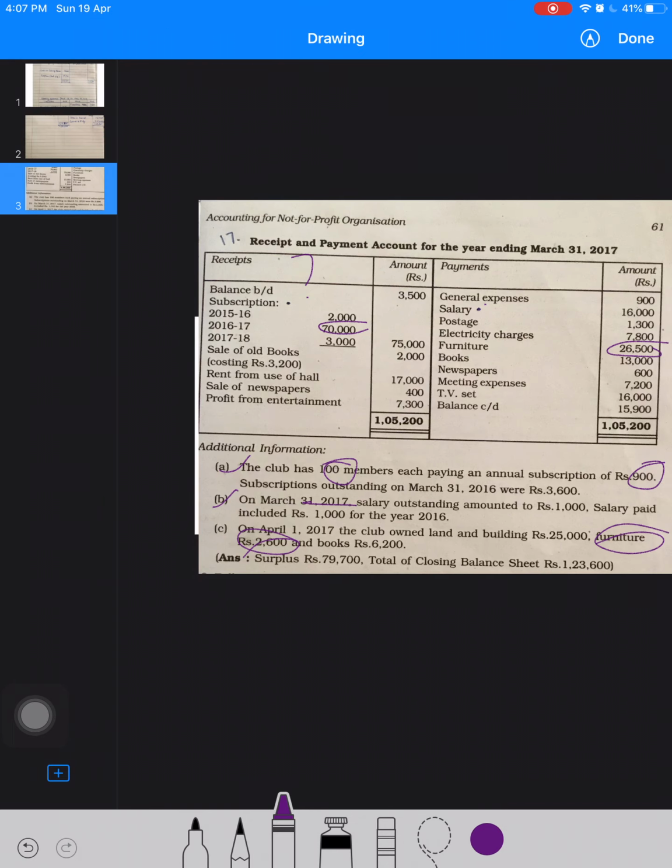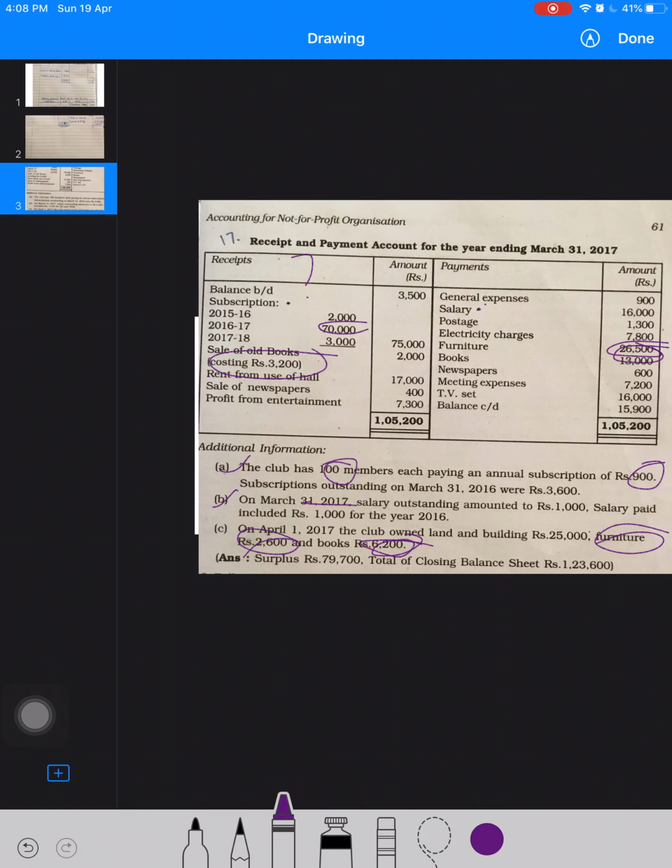Now next, books are also our assets. This year we have purchased 13,000 of books. Just see whether last year any stock was there. Yes, we can see here 6,200 of last year, so this 6,200 will go in opening balance sheet, and in closing balance sheet plus the purchases. Just have a look in the receipt side whether any book was sold. Yes, you can see that books costing 3,200 were sold, so we will subtract this amount.